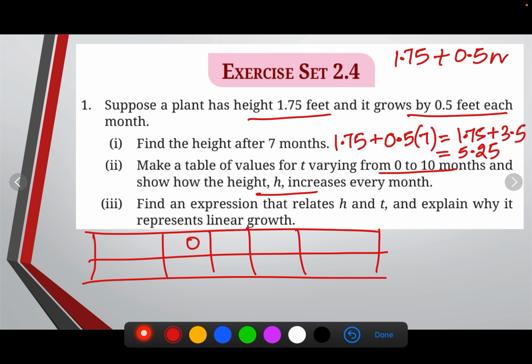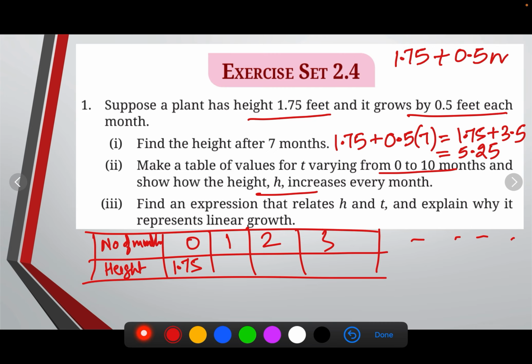So it will go from 1, 2, 3 till number 10. I am not making it for all, you will be doing it. Okay, so height is growing. What will be the initial one? 1.75. This is height. And this is number of months.